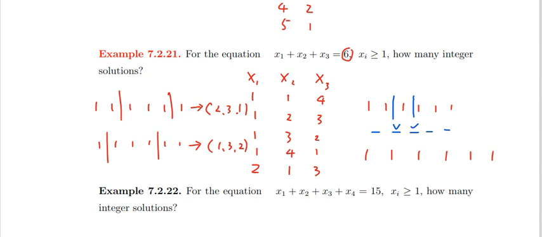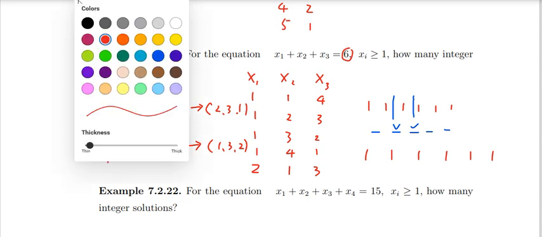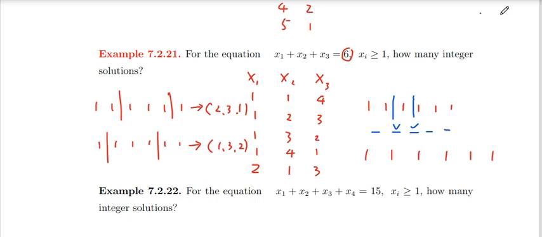We can put bars in these positions: here, here, or here, or here. We cannot put a bar here, right? If you put a bar here, then this solution x3 is 0. So that cannot be. So we have 5 positions.